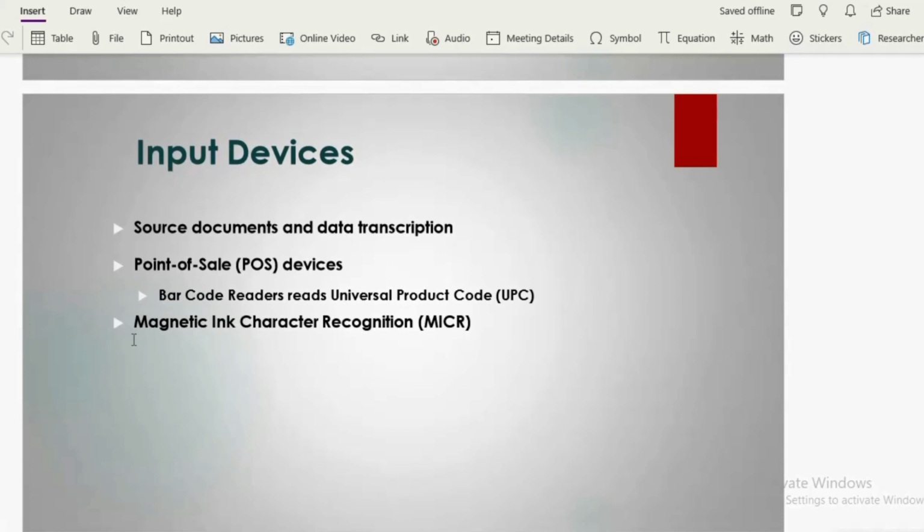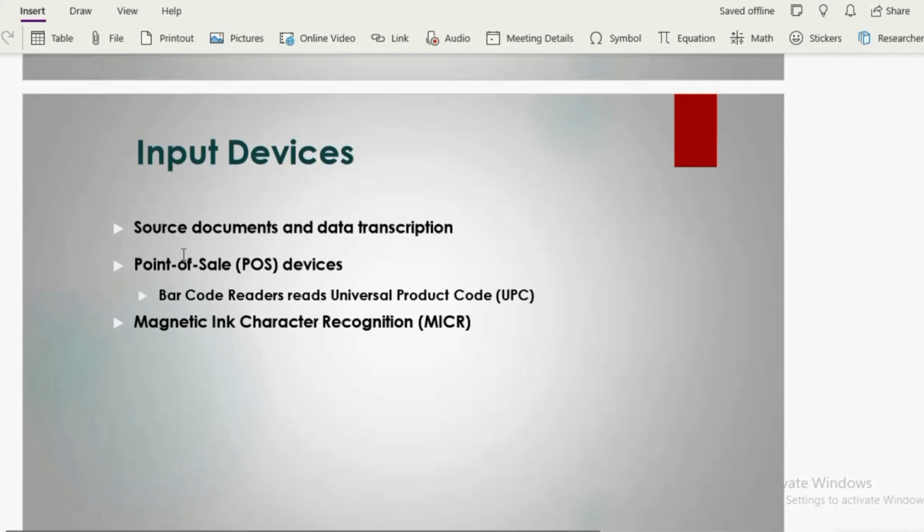It's the starting point for any system. It includes what? It includes the forms: application forms, patient intake forms, sales invoices, cash distribution vouchers. So many things could be inputs.